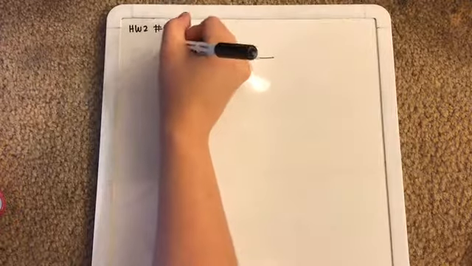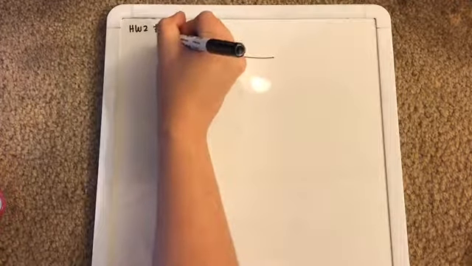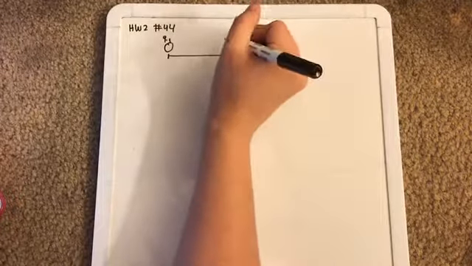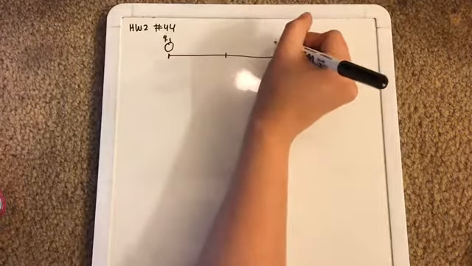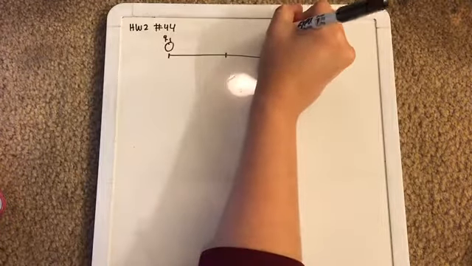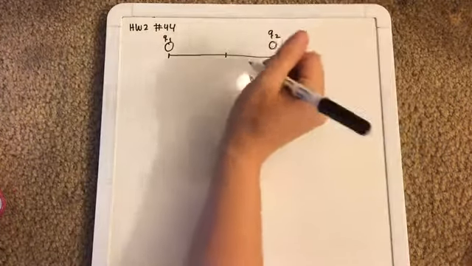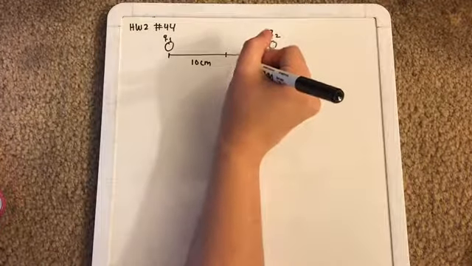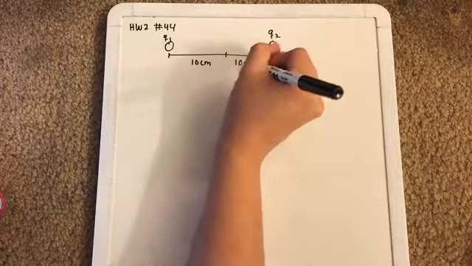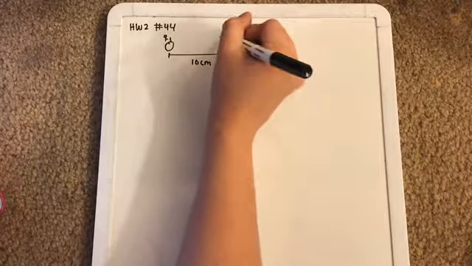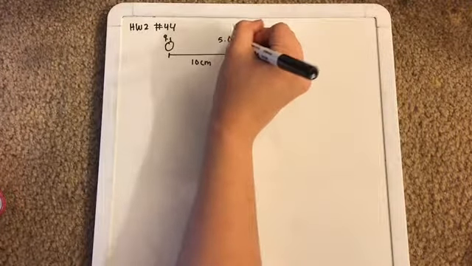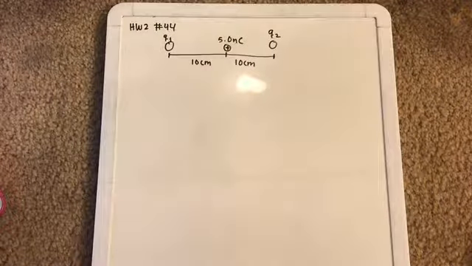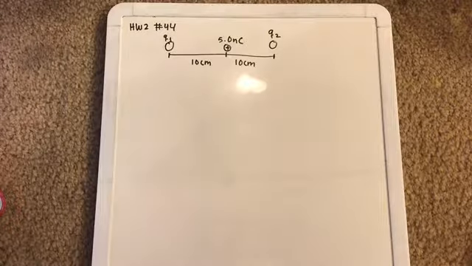Okay. So here we have Q1, and this end we have Q2, and it gives us two distances. And right in the middle is a positive charge of 5 nanocoulombs.